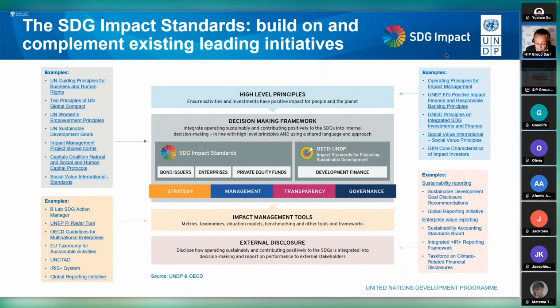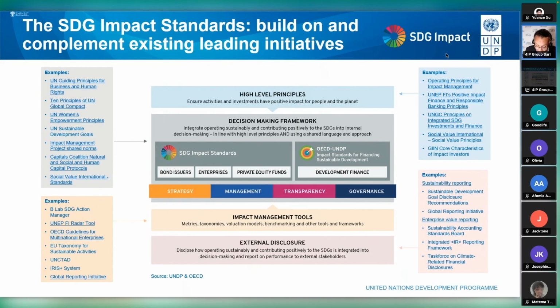So the standards have really been designed as an overarching decision-making framework that helps organizations look at what is available through the resources, the tools, and the frameworks that already exist, and make choices between them, whether it's the ones available today or the ones getting developed in the future.